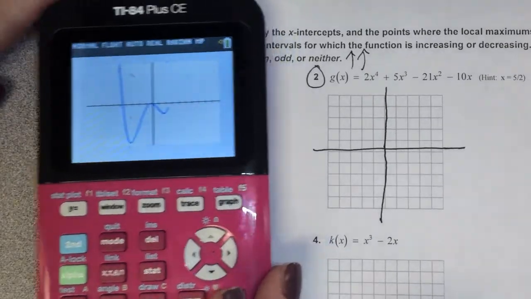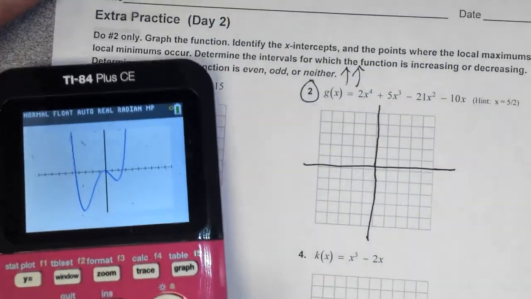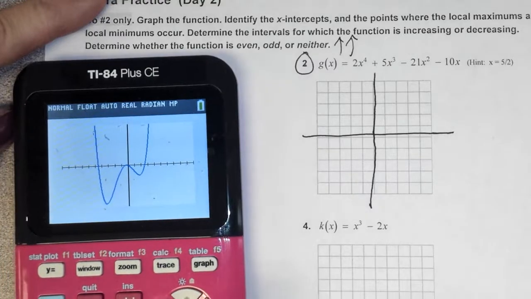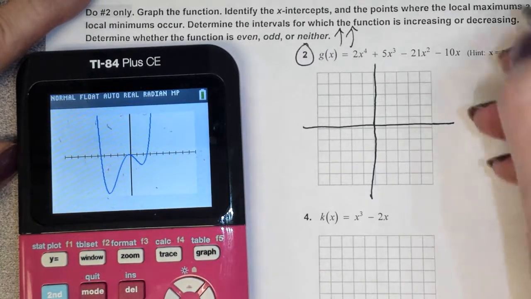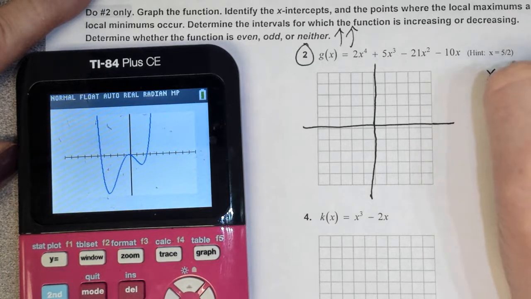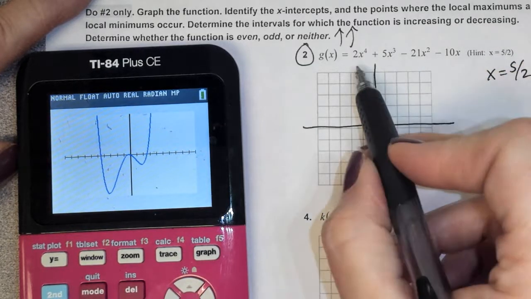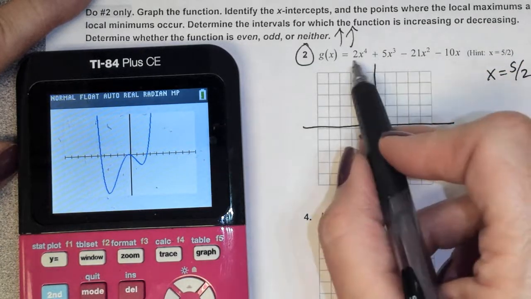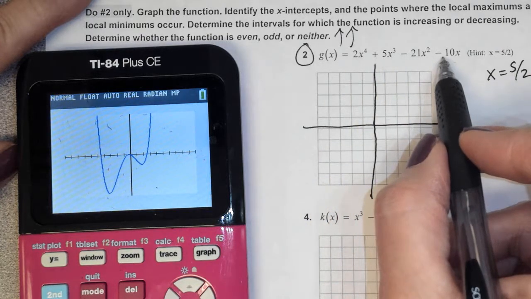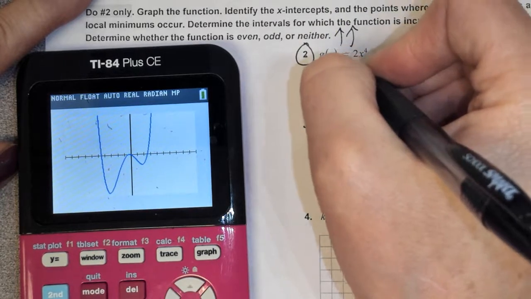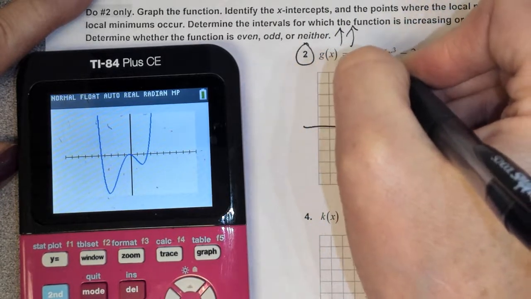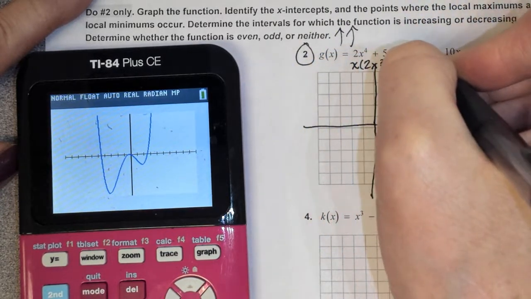All right, so let's look at everything we have to find now. We know the general shape. It says graph the function, identify the x-intercepts. Well, we already know one of them. I gave you a hint on it. One of them is going to be 5/2. What's another one going to be? What could I factor out of here? X. So if I take out an x, I'm left with this.